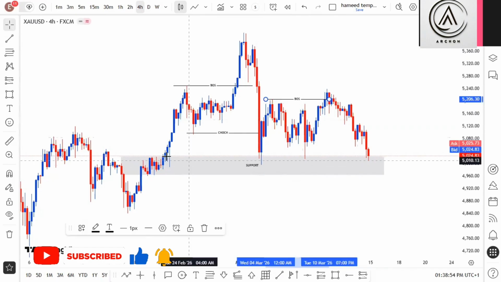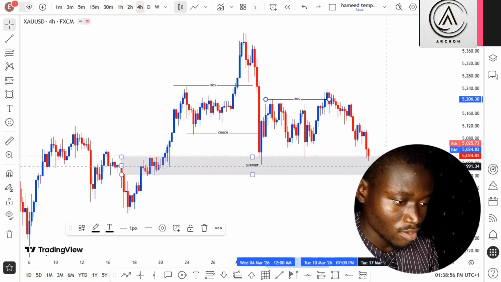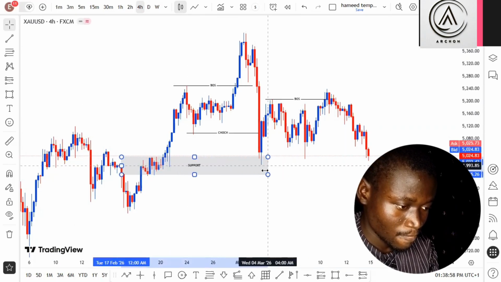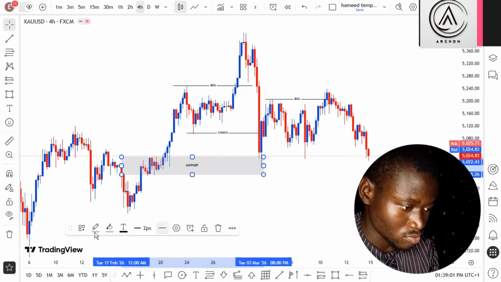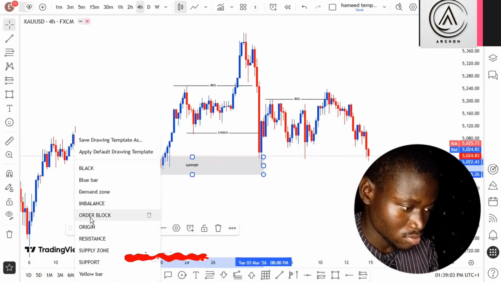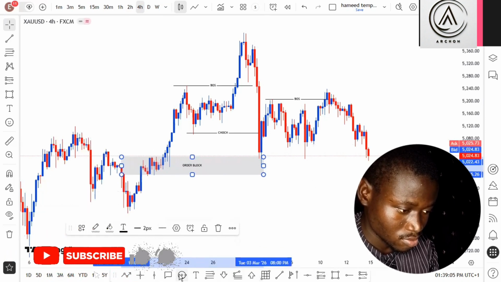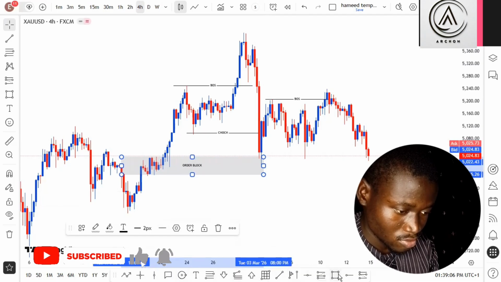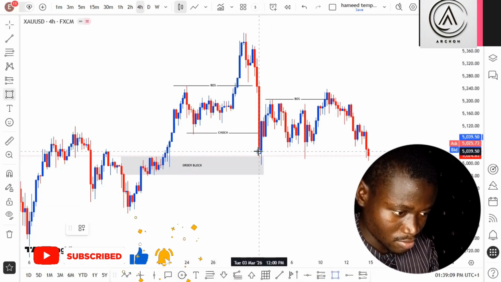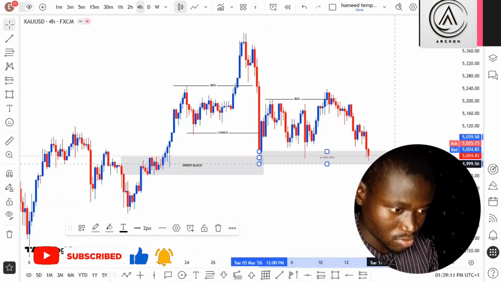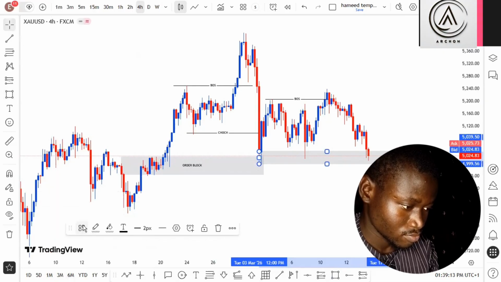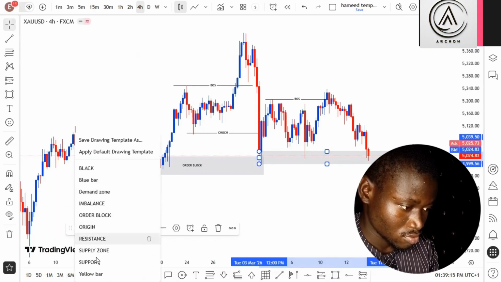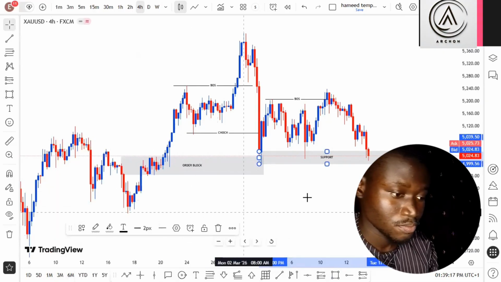So since we have a break of structure there, let me shift this to screen order block, and I'm going to relabel this one. This is now our support zone. Yes, this is now our support zone here.